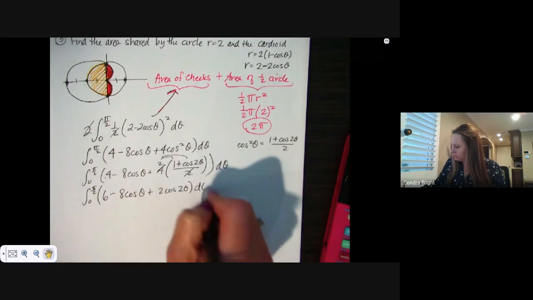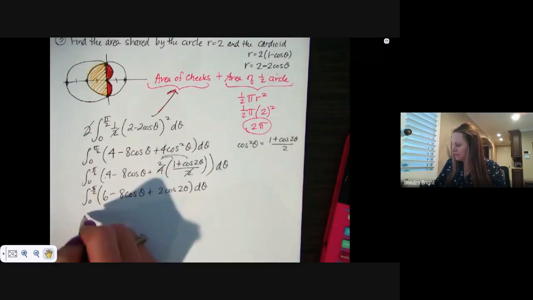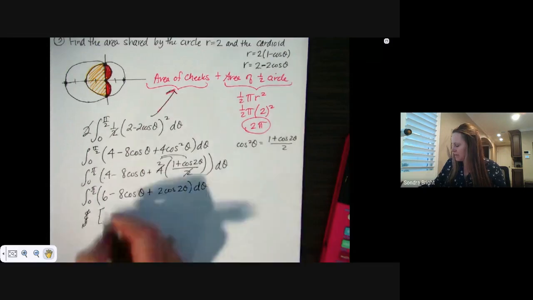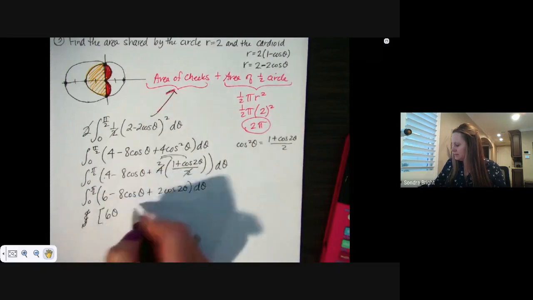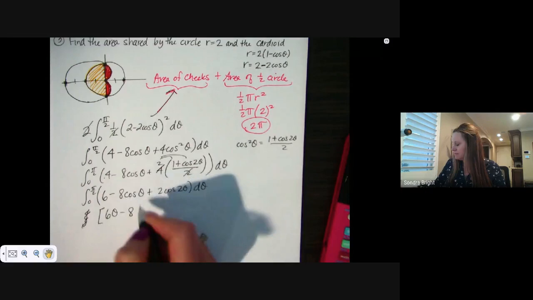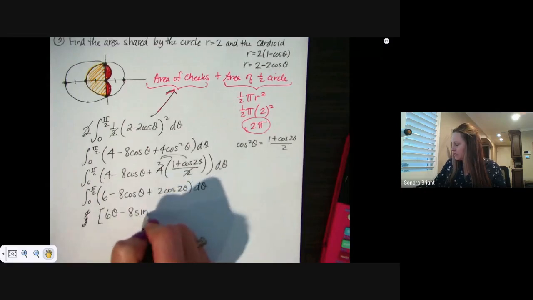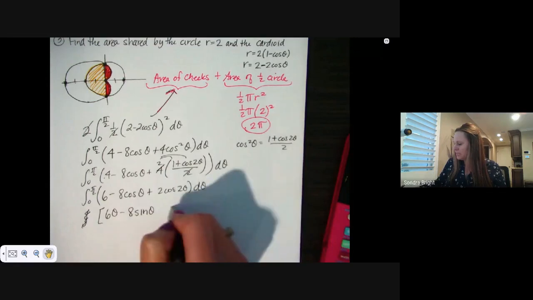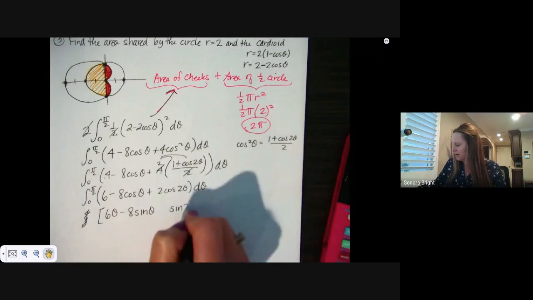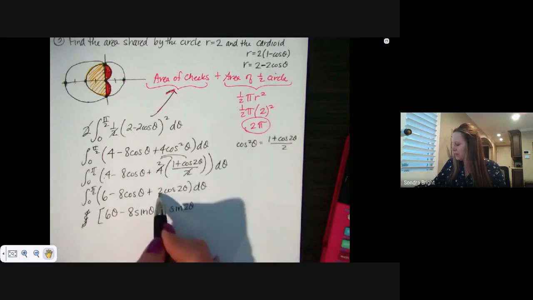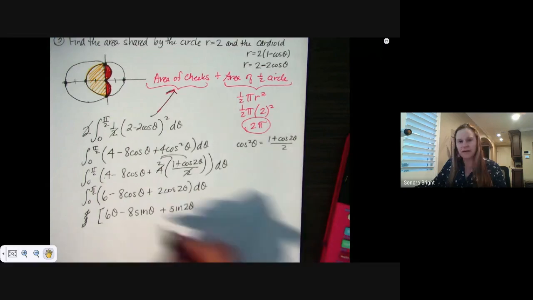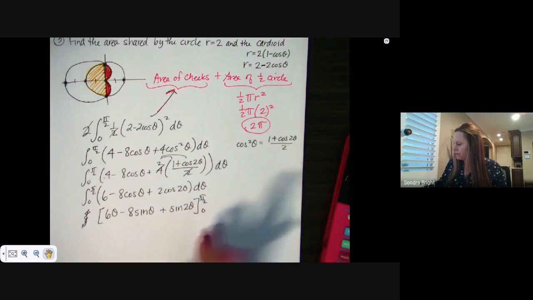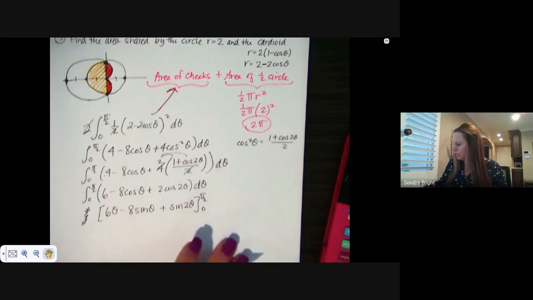So now I'm going to find the antiderivative: 6 theta minus 8 sine of theta. The derivative of cosine is sine, so it would be a sine of 2 theta. The chain rule would say times 2, but I've got it there, so it's just plus sine of 2 theta, from 0 to pi over 2. We'll just plug it in.